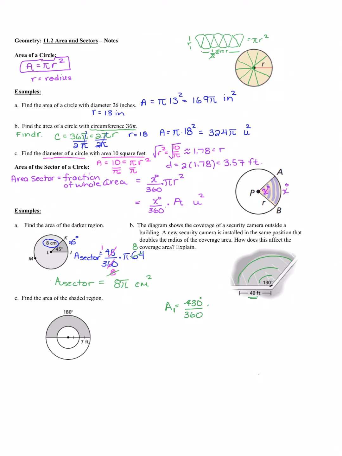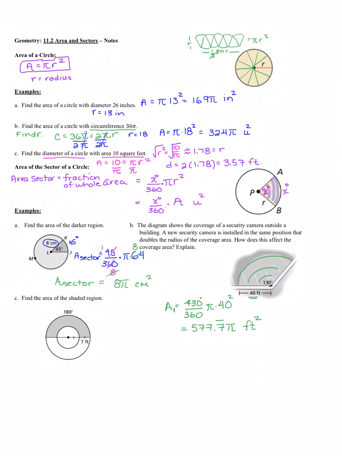And then pi times 40 squared, since that's my radius. And if you go through with a calculator, and I'm going to simplify this down to a decimal, you will get 577.7 repeating pi feet squared. So that would be that green region.